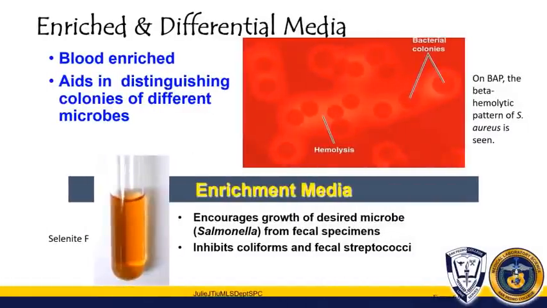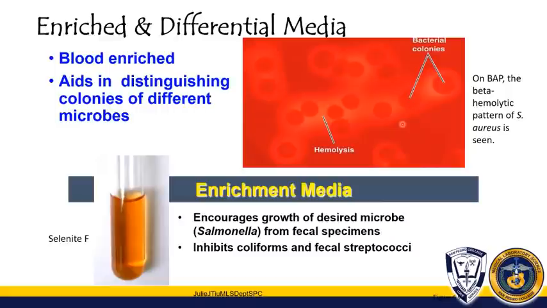So a culture medium can also be both enriched and differential, especially if it is blood enriched, like your blood agar plate. It's differential in purpose because it can showcase three types of hemolytic pattern. The non-hemolytic bacteria, the gamma hemolytic, will not exhibit any hemolytic pattern, while for the alpha hemolytic bacteria, you would see greening or a greenish discoloration surrounding the colonies.